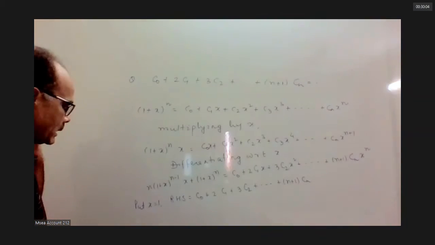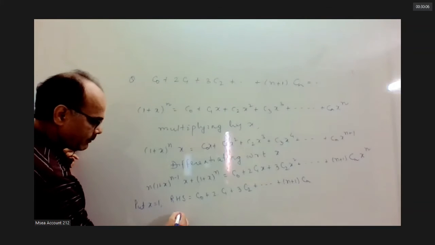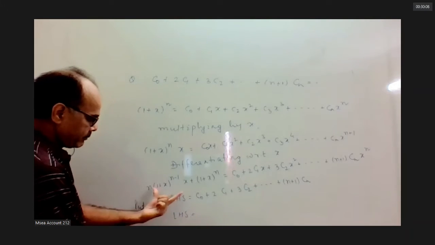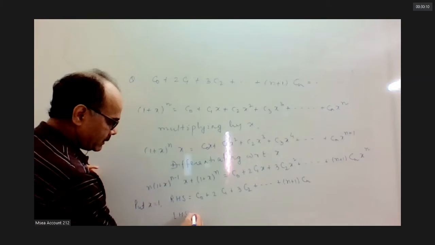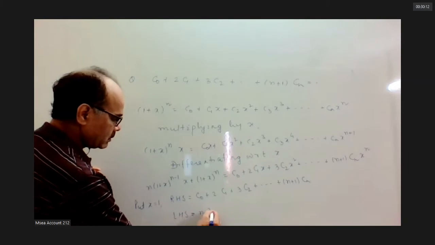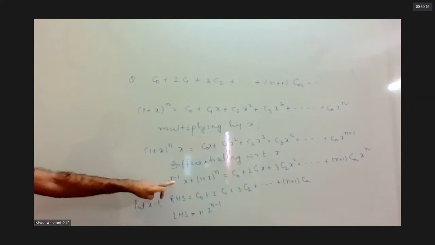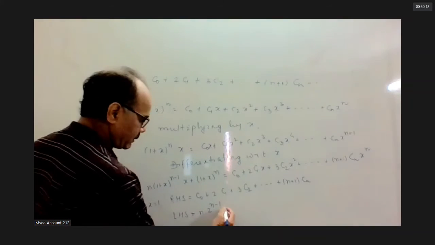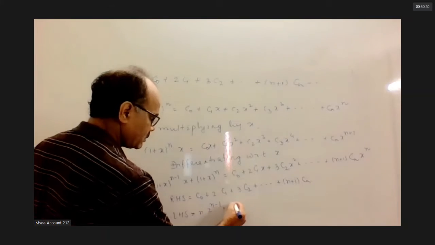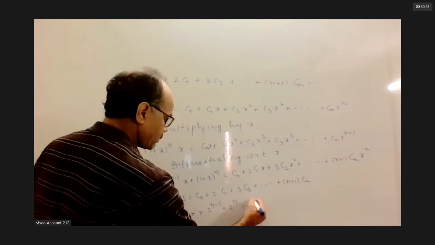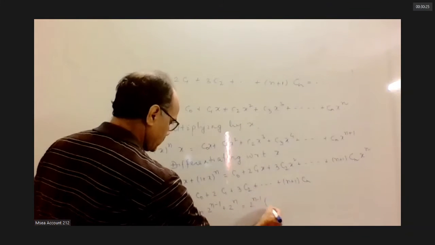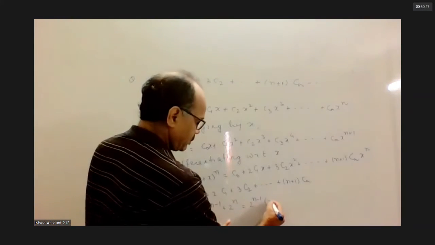Okay, LHS equals n into 2 to the power n minus 1 plus 2 to the power n. Taking 2 to the power n minus 1 outside, we get n plus 2.